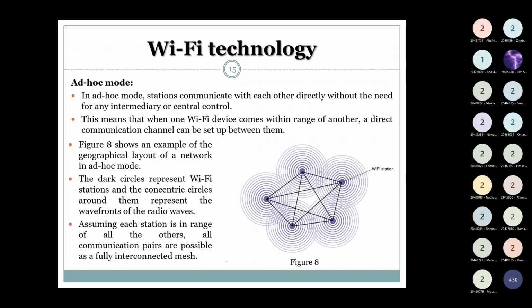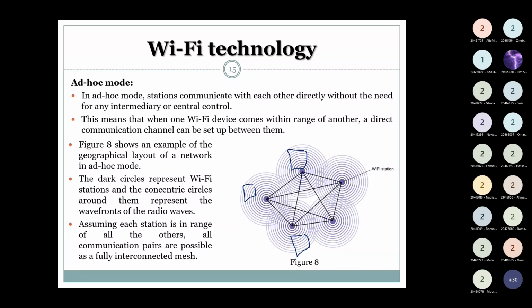In the ad hoc mode, the stations communicate with each other directly without the need of any intermediary or central control. Imagine you have your mobile, this is mine, this is yours. I can communicate directly with, for example, Sadia.